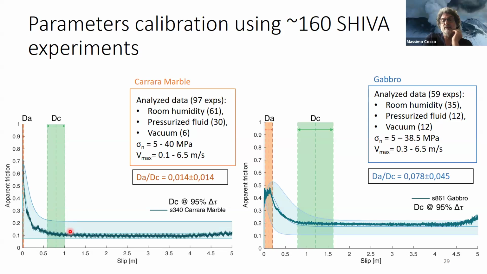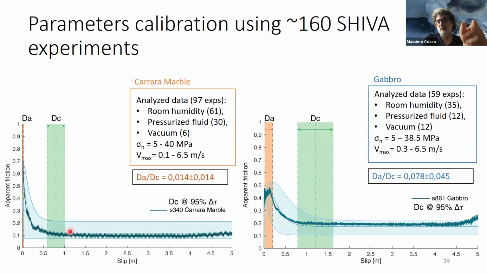And therefore, the question of how much dA and dA over dC affect the rupture is also a measure of how much dA and dC might change during dynamic propagation. And this is really something that is not easy to test, but it would be worth trying to investigate this.